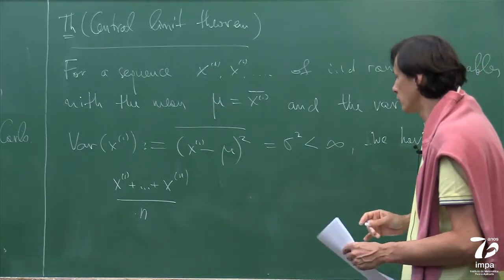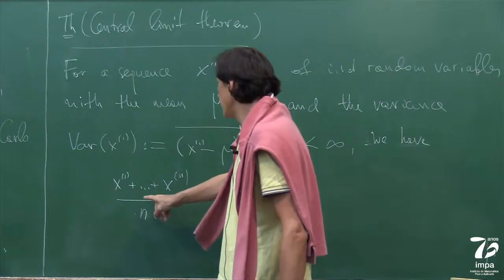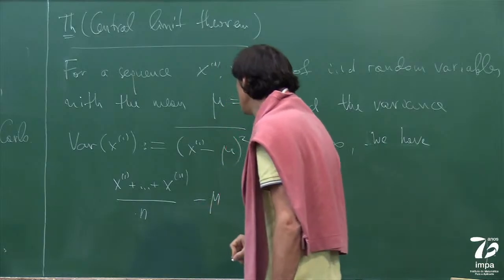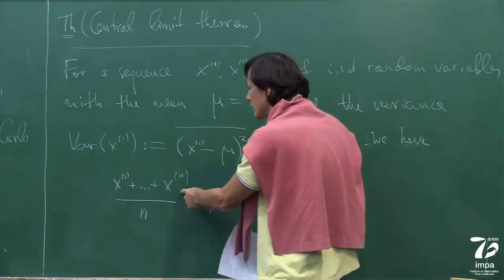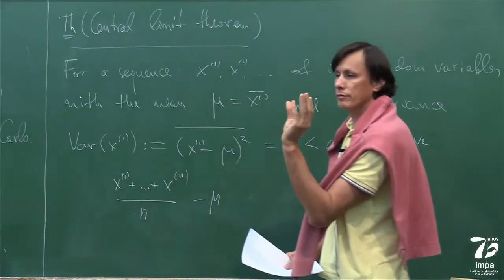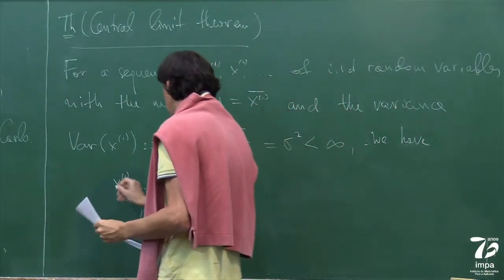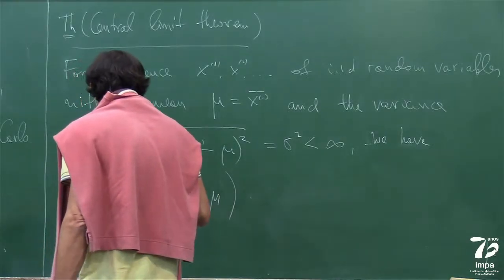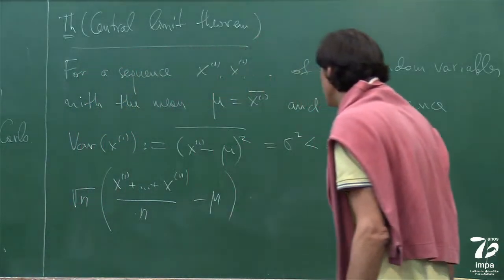In order to have this, you see this sum of n independent variables divided by n should have the same mean, so we can already subtract this mean. Also, whenever n is larger, the values that this average takes will fall closer and closer to the mean. So in order to have some sensible limit, we have to stretch it. The correct coefficient is the square root of n.